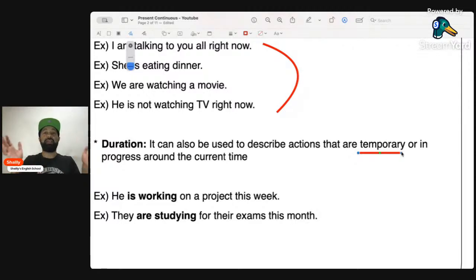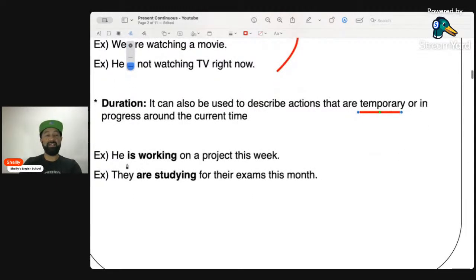It just means a short time. So for example, he is working on a project this week. So this project, it's a temporary project. It's not forever. When the project is finished, then I will no longer work on it, right?